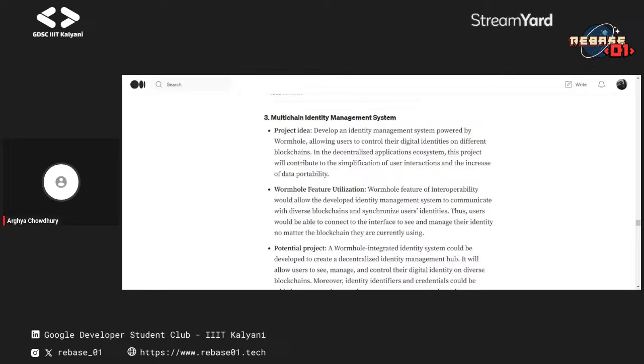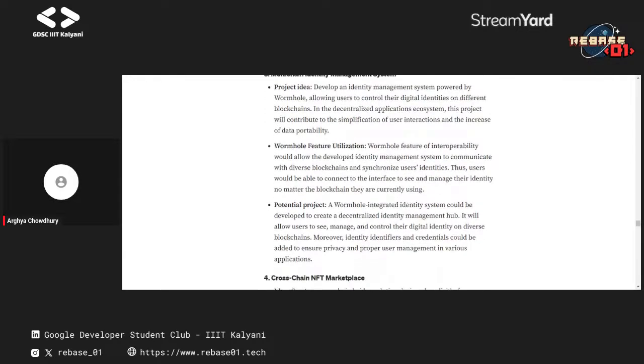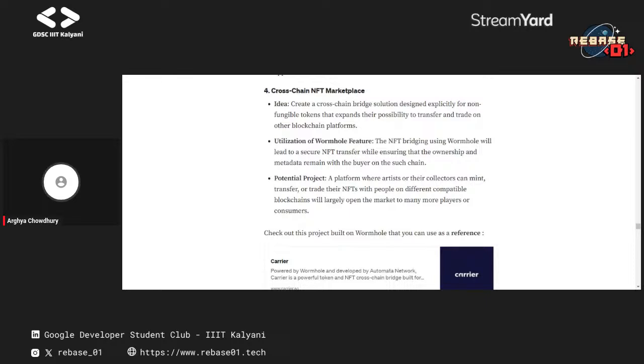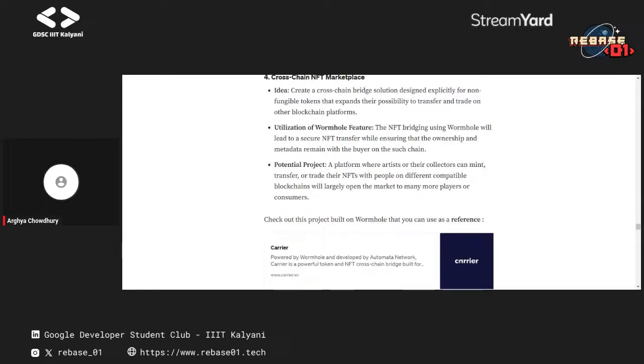So this concept is kind of similar, an identity management system which is multi-chain or cross-chain. Then there is a cross-chain NFT marketplace, which is very basic stuff. The best part about it is that you're getting more liquidity and a huge user base.